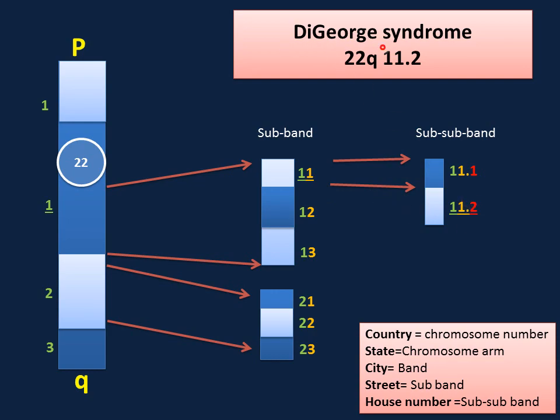So how do we understand these numbers? Here, DiGeorge syndrome is a microdeletion in the long arm of chromosome 22, band 1, and the sub band 1 again, and the sub band 2. So this is how to understand these numbers. The correct way to read this one: a microdeletion in the long arm of chromosome 22, 11.2.